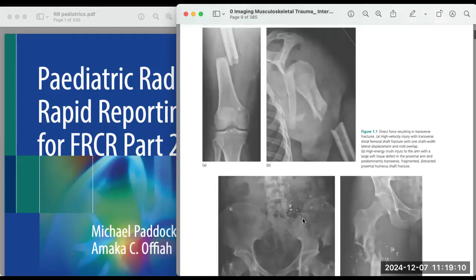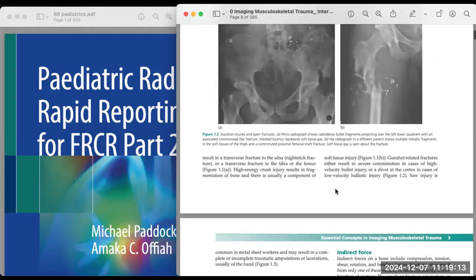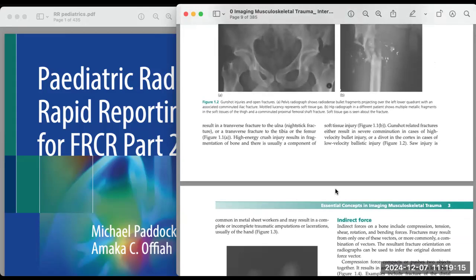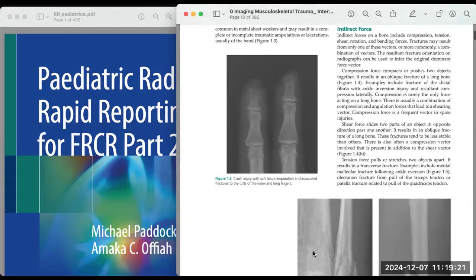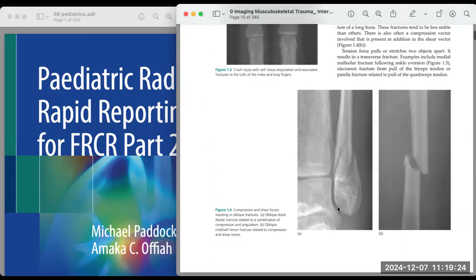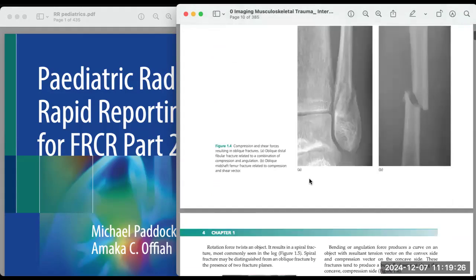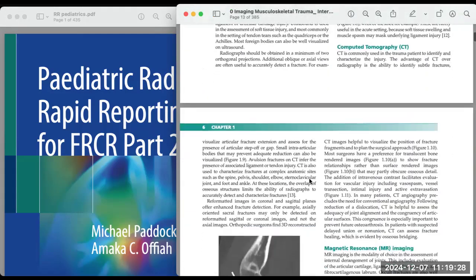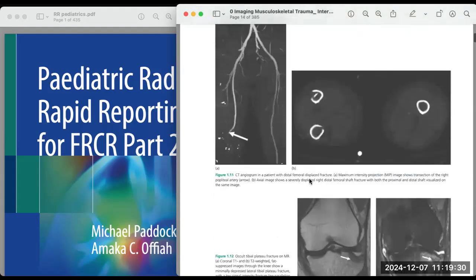I am training my eyes on the images. If there is a weird image or a fracture that I have never seen before, I will read briefly the description. But if I see the abnormality, that's it. It is easier to go through many images in a very short period of time.